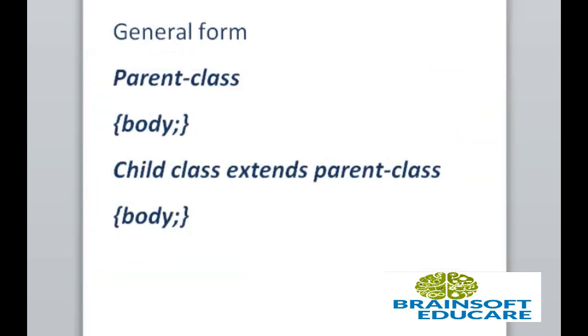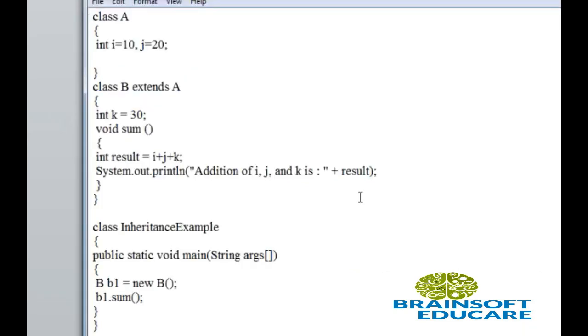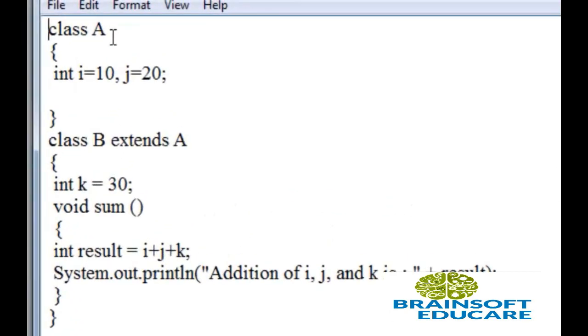Now let's take a look at an example of inheritance. Here the class name is A, which has instance variables i and j, and values are already assigned to them. Here class B extends A, which means A is superclass and B is subclass.